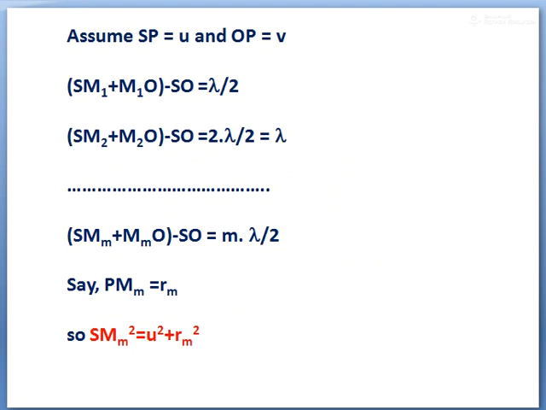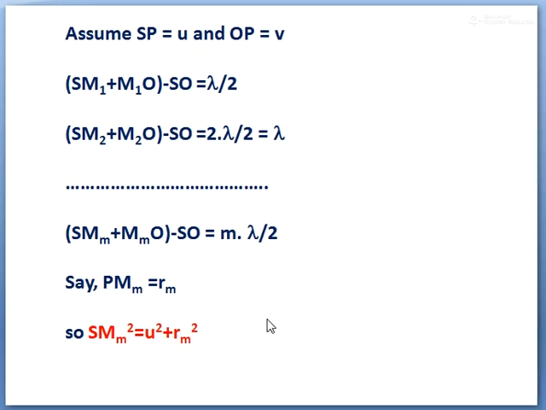Now let us calculate this by breaking it with the binomial theorem. Since U is much greater than Rn, I take U common, so SMn will be U square into 1 plus Rn square divided by U square, to the power half.